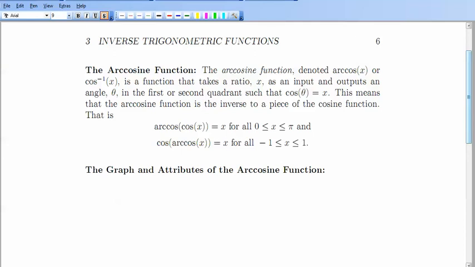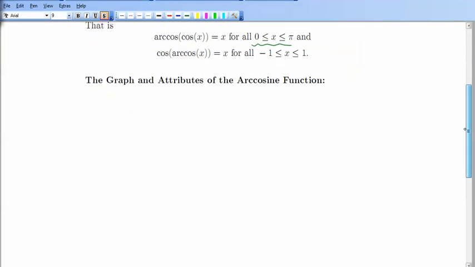You could have negative pi by 3 or positive pi by 3. So instead, the restriction we put for the output of the arc cosine function is that the angle has to be between 0 and pi. The terminal arm is in the first or second quadrant, i.e. in the first quadrant those cosine ratios are positive, in the second quadrant the cosine ratios are negative. All right, let's draw the graph of our arc cosine function.